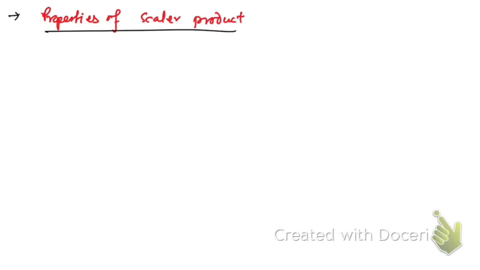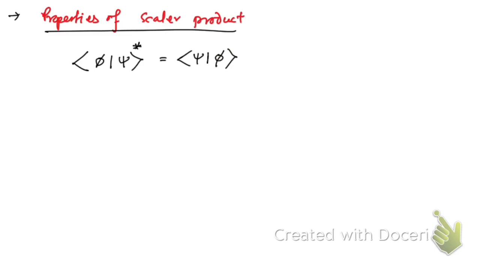So now you see, the scalar product of two functions phi and psi, if you take its conjugate, then you're gonna get the scalar product of psi and phi.